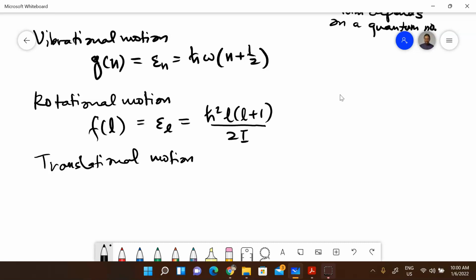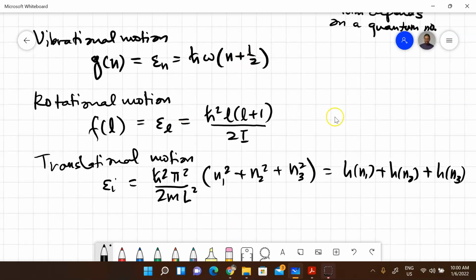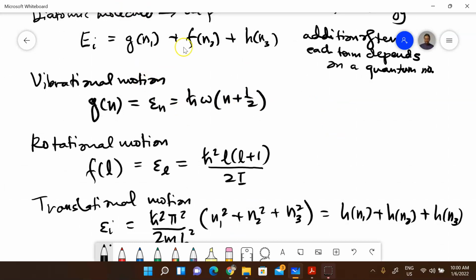I can write this as epsilon with h bar squared pi squared on 2mL squared. This is the particle in a box, and you have three different quantum numbers, the squares added together, n1 squared plus n2 squared plus n3 squared. In the end, we add all these terms together.